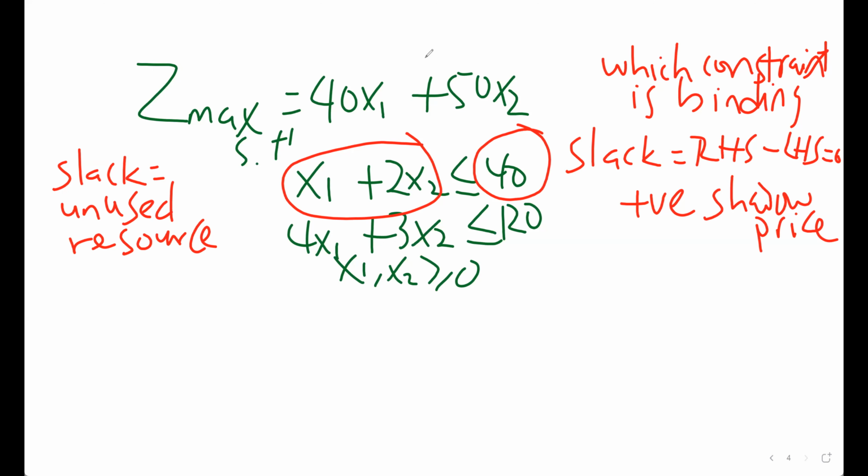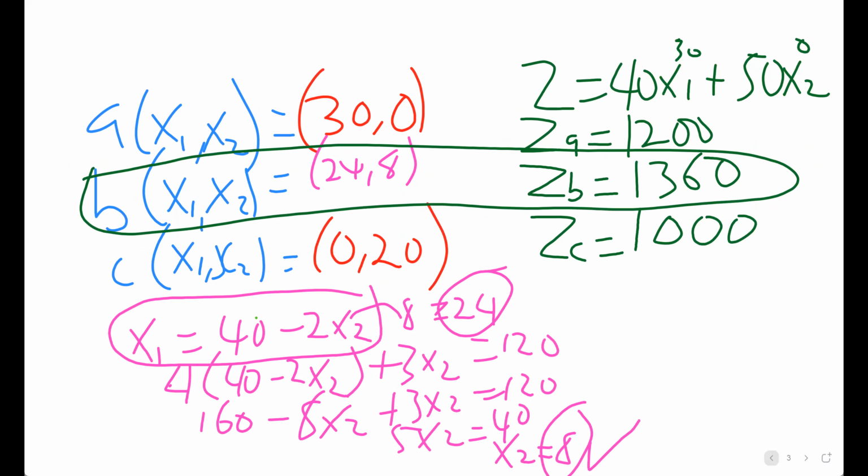Okay, so how do we know whether the optimal solution point we selected, the point B, the coordinates of that point, how do we know that it gives us a 0 slack? Well, there is just one way we can look at it. We are going to take the coordinates of A. What are the coordinates of A? The coordinates of A are 30 and 0.